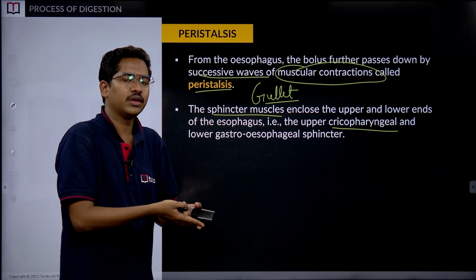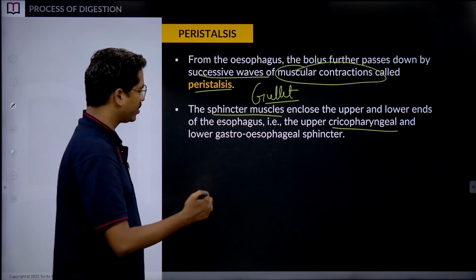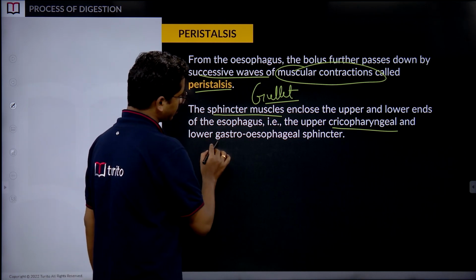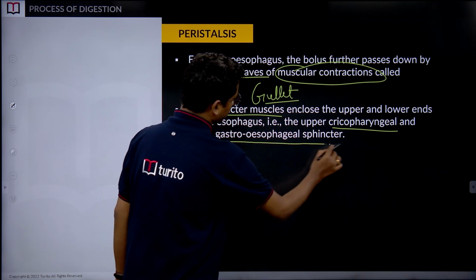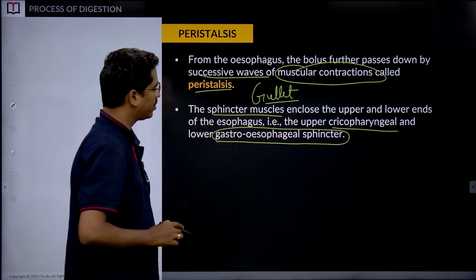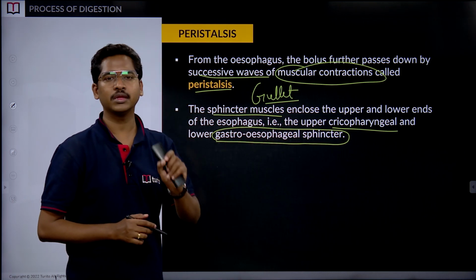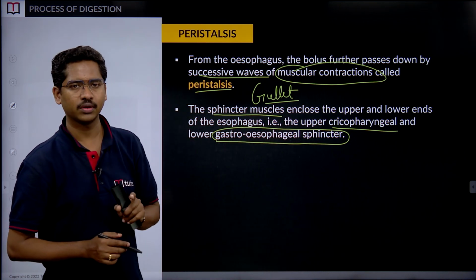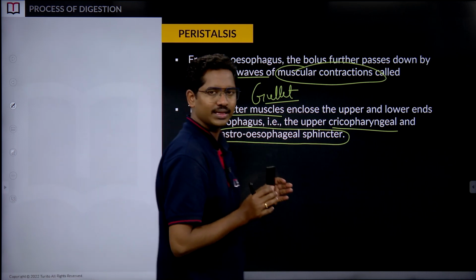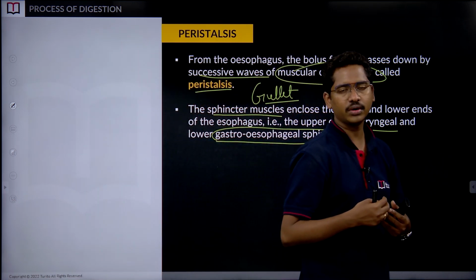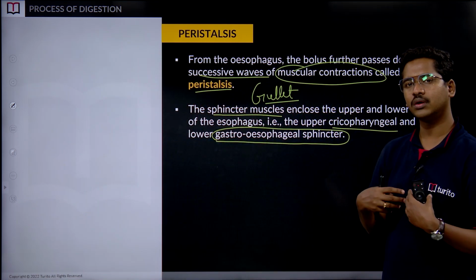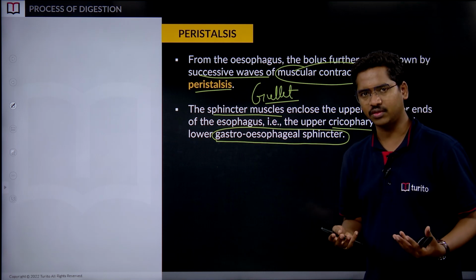following which, when the bolus is about to enter the stomach, we will see the gastroesophageal sphincter regulating the movement of the bolus into the stomach. Peristalsis does not move the complete bolus all at once to the stomach.